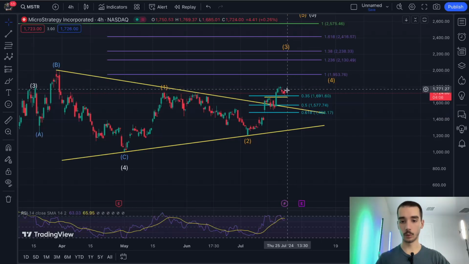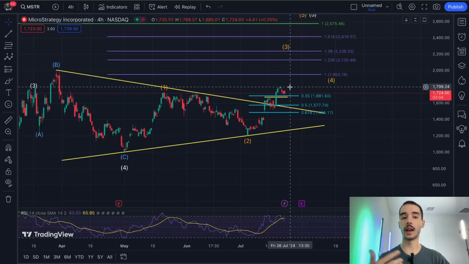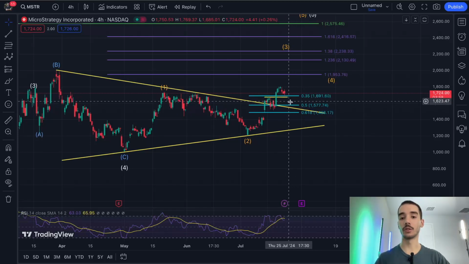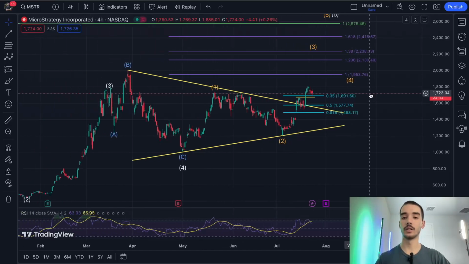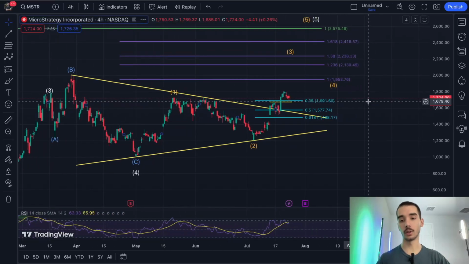And once we have confirmation of that, that's when I'm going to start heavily adding more to my position. But you always want to be light during the first levels of confirmation because it can easily break, and then you can stop yourself out and reduce your loss, so you can hit up the trade again once another setup occurs, and it's a little easier for you to stay in the green whatever time frame you're looking at.